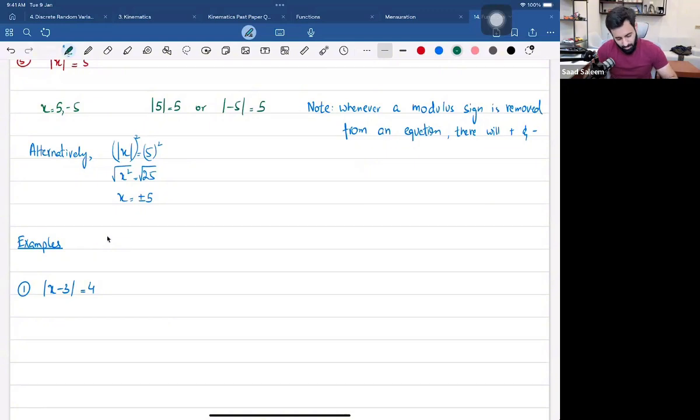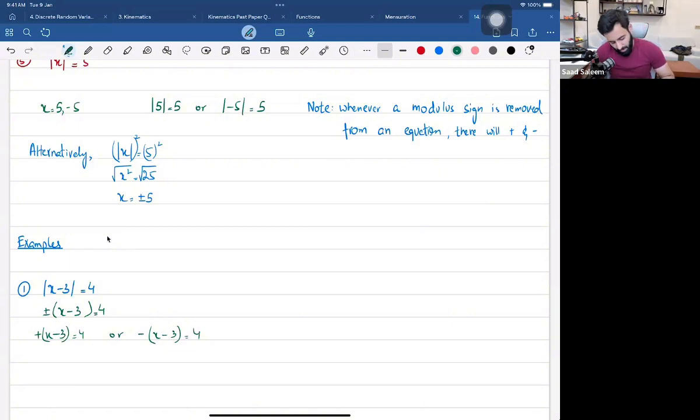It makes no difference. As soon as I remove the modulus sign, we get plus minus (x - 3) equals 4, which means positive x - 3 equals 4 or negative x - 3 equals 4.